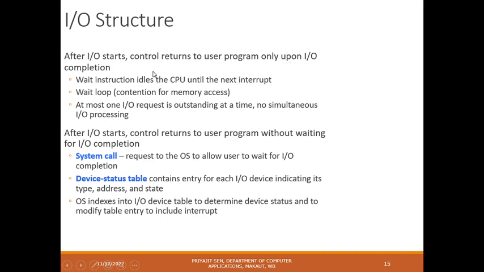Suppose some instructions are executed by the microprocessor, and you have some program to take input from the user. At that time, the current process will go into the waiting state until you give some input to the program. Now when the user gives the input, at that time the program will again come into the running phase.